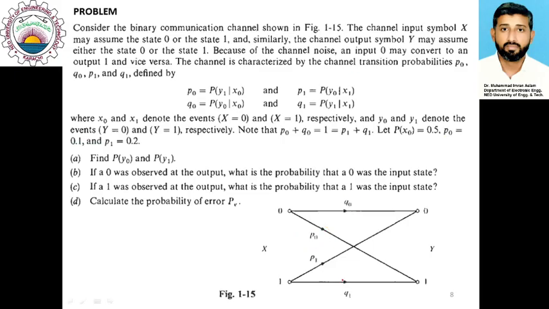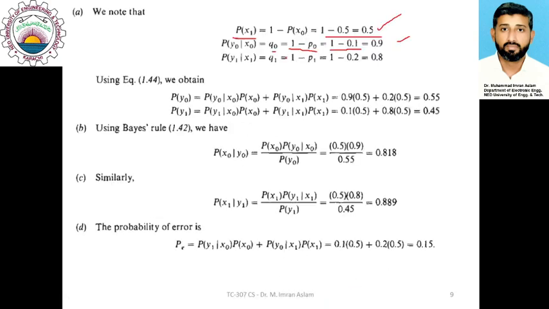Similarly, for 1, the probability of error, P1, is given as 0.2. So the probability of correct transmission, Q1, can be calculated by subtracting 0.2 from 1. So Q1 is 1 minus 0.2, which comes out to be 0.8.